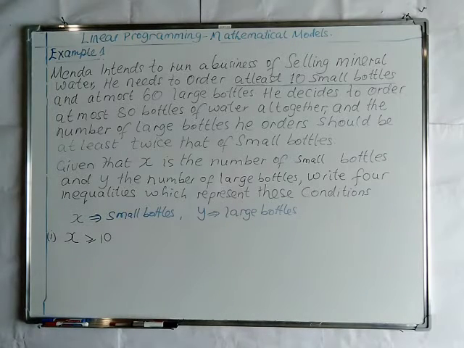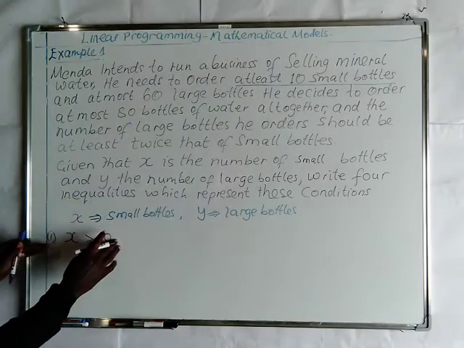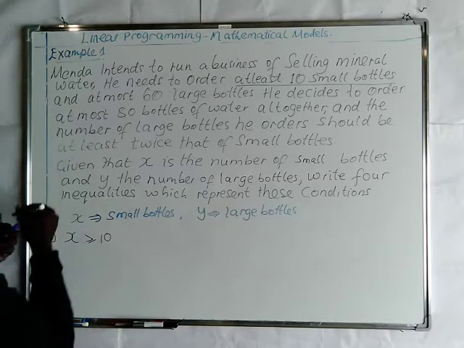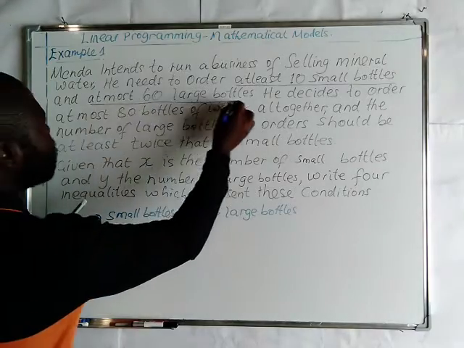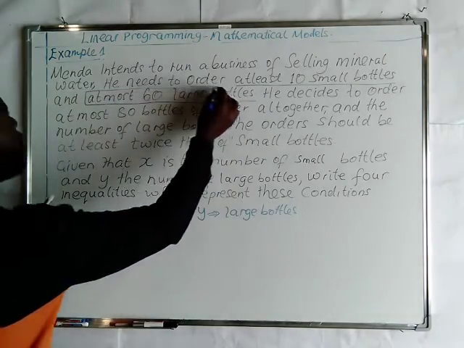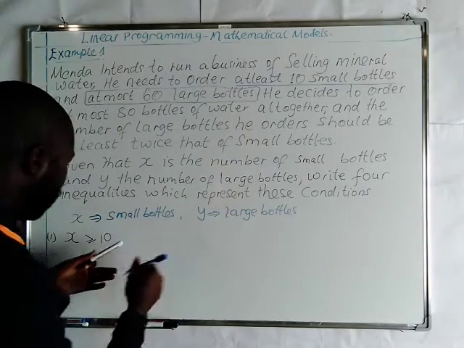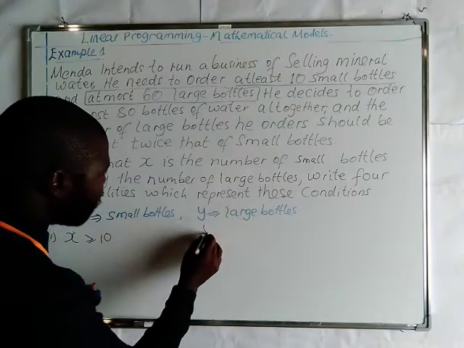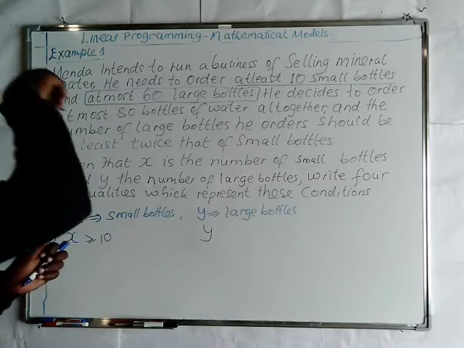So the second inequality will come from the next statement, as we can see: at most 60 large bottles. Large bottles are Y. At most means this is the maximum.